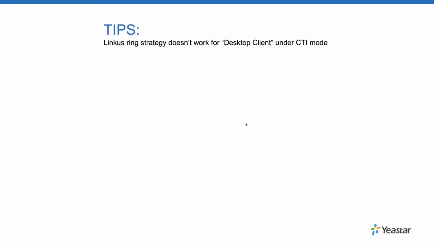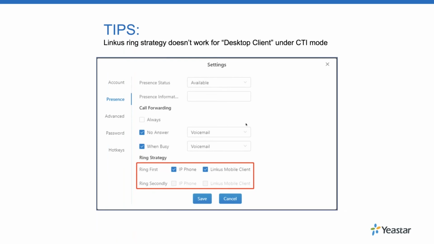Okay. And the second one we're going to have here will be the ring strategy. Let's have a check here, I guess. So ring strategy is pretty easy if you're going to use the CTI mode, guys. If you don't use CTI mode, when you configure the ring strategy, we have three options available for you. You can choose IP phone ring first.